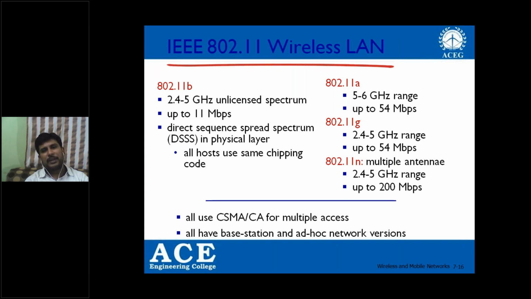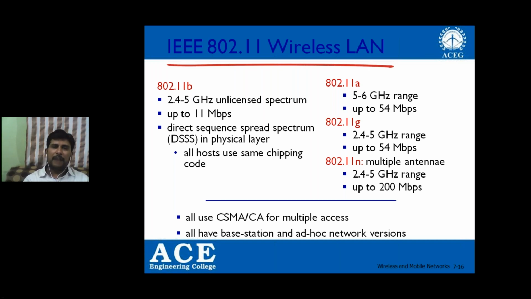The first version of IEEE 802.11 was developed with a version called A, supporting a data rate up to 802.11b, and it supports a data rate of 11 Mbps. But the good thing is it operates in the ISM band of 2.4 to 5 GHz unlicensed spectrum. So the advantage is you do not need to pay anything and you get service. And all the hosts here will be using the same chipping code.